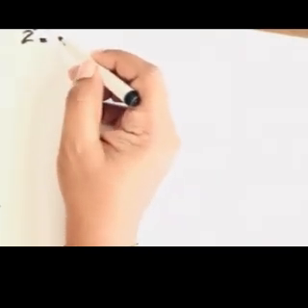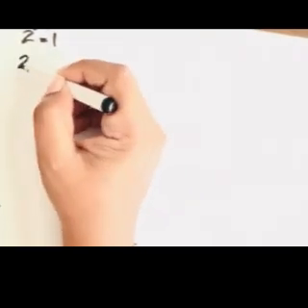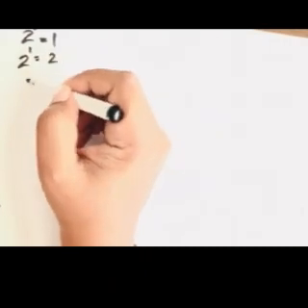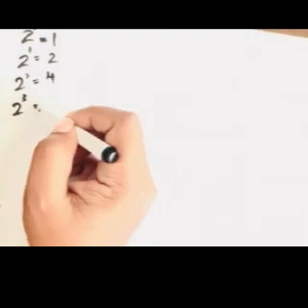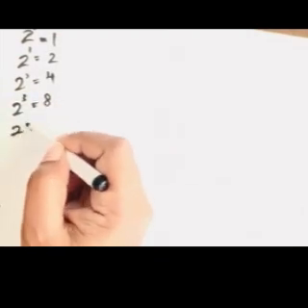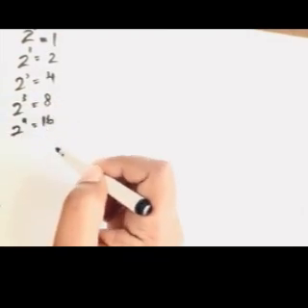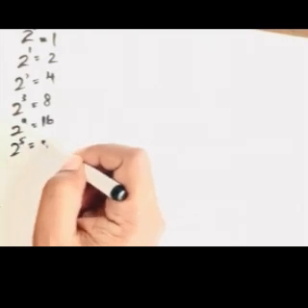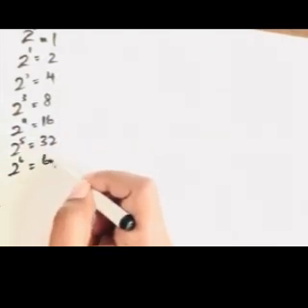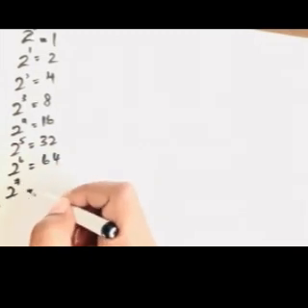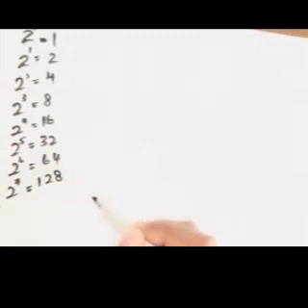So 2 to the power 0 is 1, 2 to the power 1 is 2, 2 to the power 2 is 4, 2 to the power 3 is 8, 2 to the power 4 is 16, 2 to the power 5 is 32, 2 to the power 6 is 64, 2 to the power 7 is 128. I'm going to stop at 128 because here I have 8 bits.